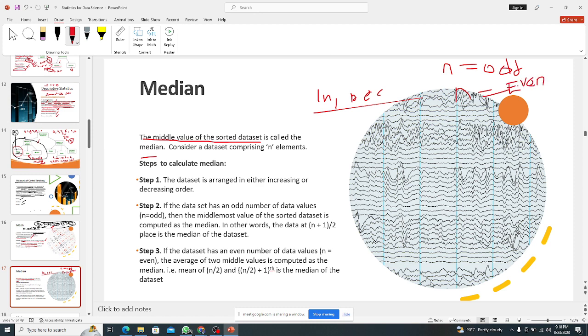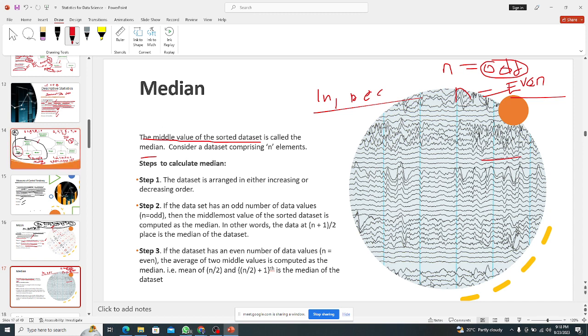When the count is even, we usually take the two middle values, add them, then divide by 2. For an odd set of numbers, we only take the middle value.